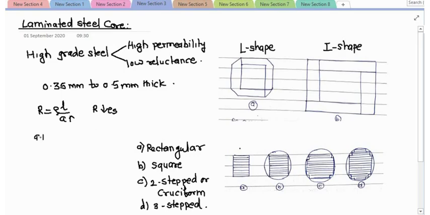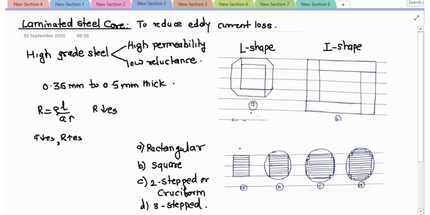If area decreases, then the resistance offered to the flow of the eddy current will be increased, and hence eddy current loss will be decreased. So to reduce the eddy current loss, we are using the laminated structure. So main purpose of laminating the magnetic core of the transformer is to reduce the eddy current loss, which will take place in the magnetic core of the transformer.